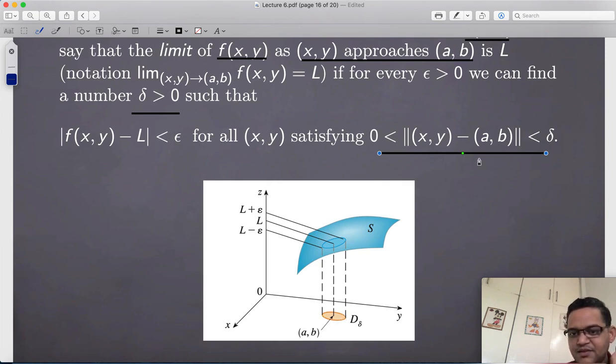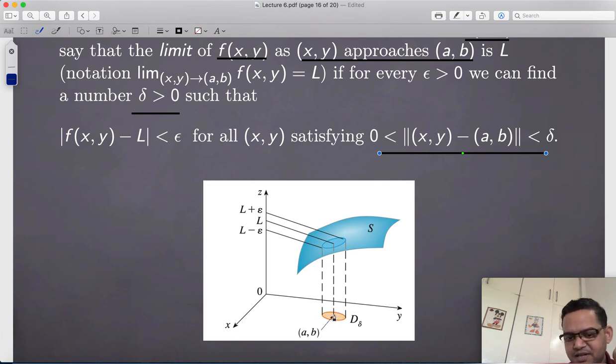Imagine that this is the point (a, b), and the radius is delta, so you are talking about a small disk. But you see here I have said 0 is strictly less than this, so that means the point (a, b) need not be part of your domain, because I am not talking about f(a, b). I am talking about around this point my function is defined.